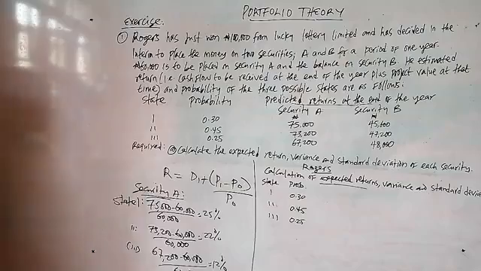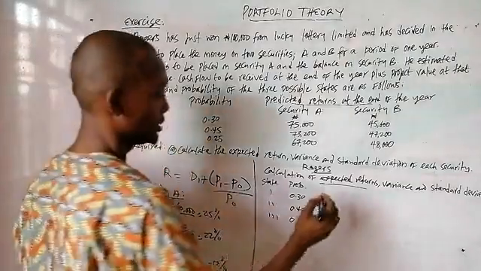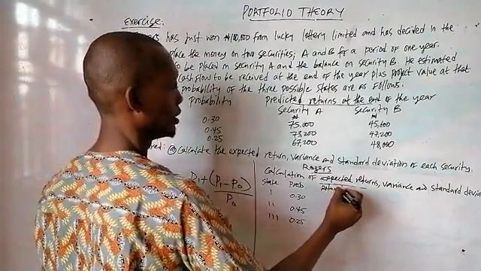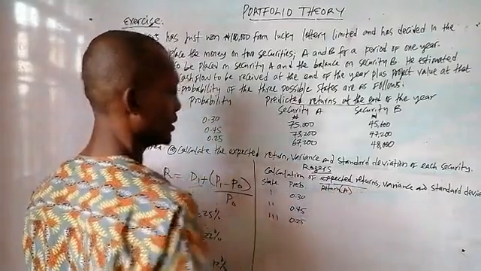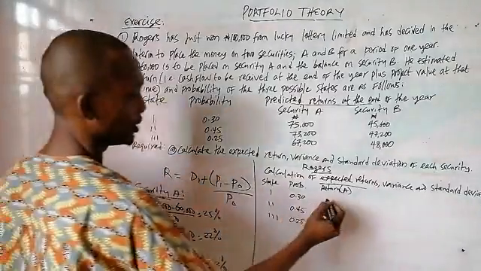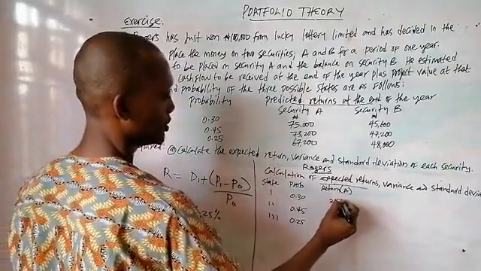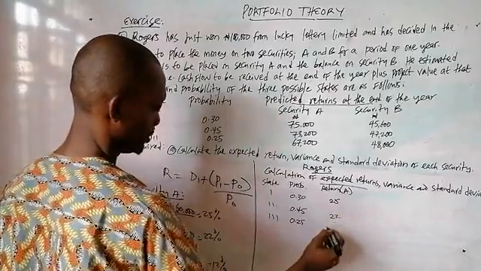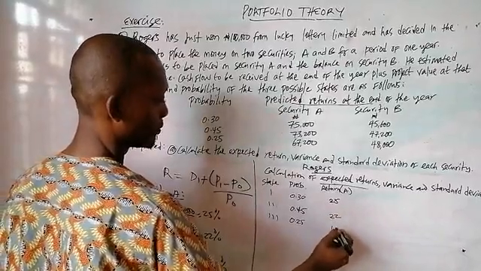After that, let's have our return, the return that we have computed. For security A, state 1 we have 25, state 2 we have 22, and state 3 we have 12. These are absolute values.